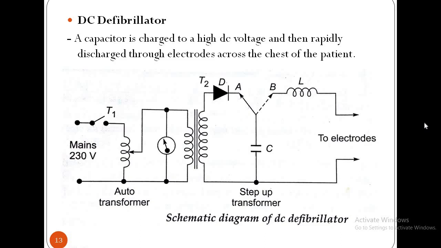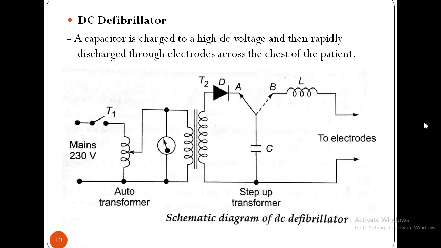During transthoracic defibrillation, the energy stored in the capacitor is then delivered at a relatively rapid rate to the chest of the subject. A variable auto transformer T1 forms the primary of a high voltage transformer T2.